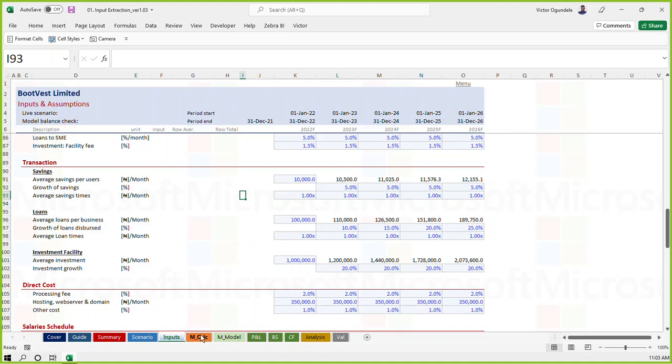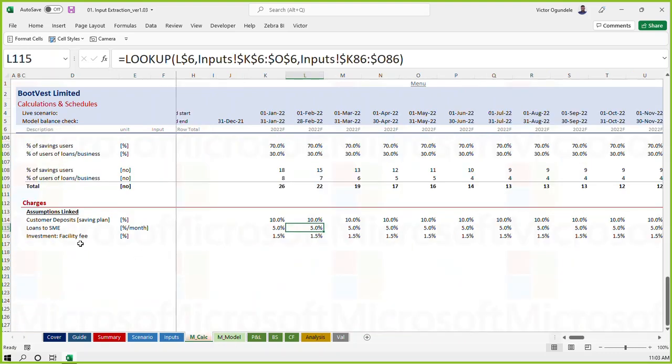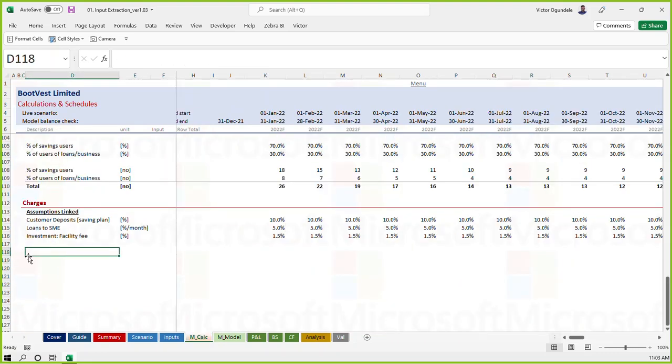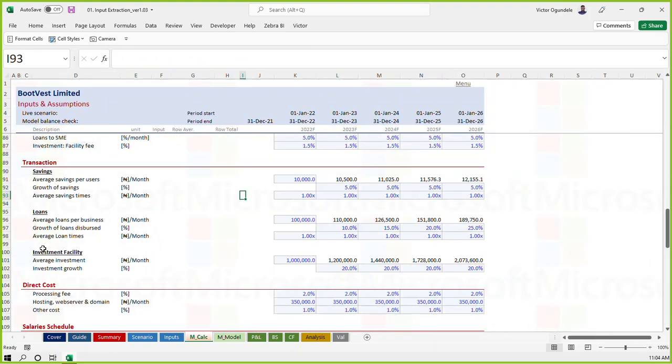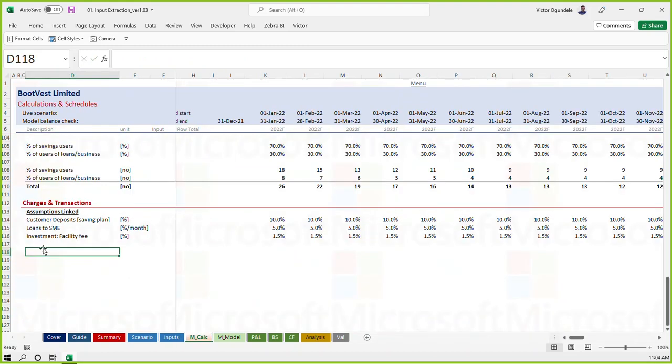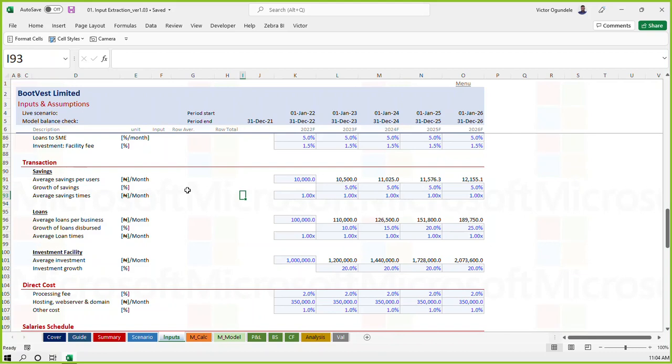So let's start with the build of our transaction part of it. Let's call this our charges and transactions. Then the first one will be our savings, and they're telling us that average savings expected per user will be 10,000.